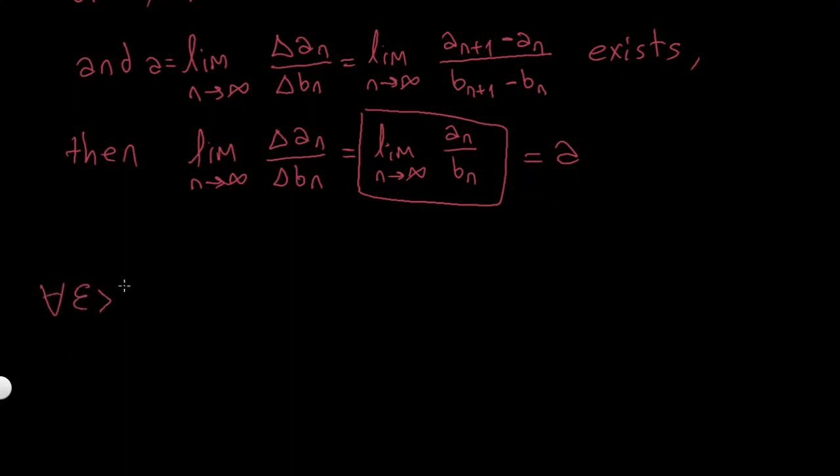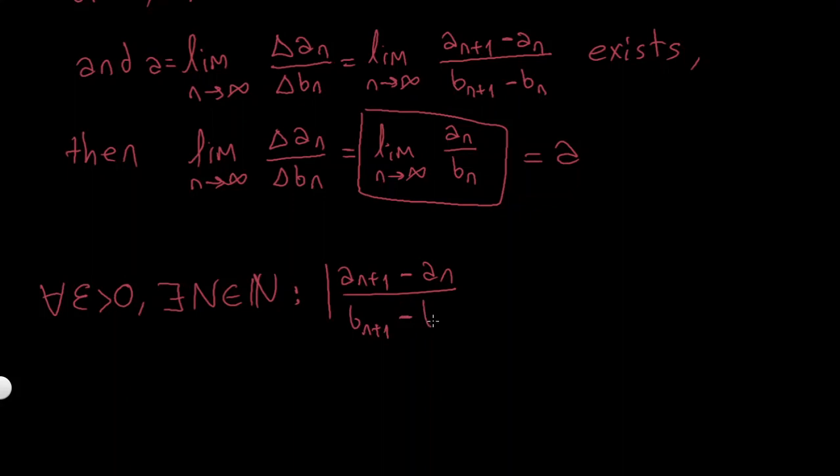For each epsilon, there exists an integer N such that this thing minus a is going to be less than epsilon. This is going to be true when n is greater than or equal to this capital N. And this is by the definition.